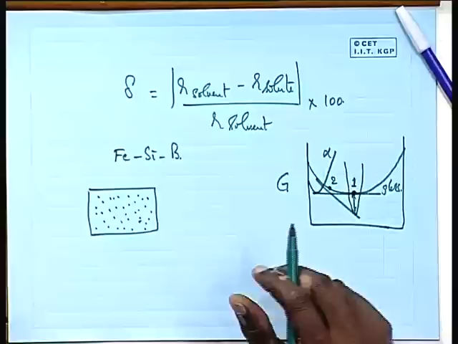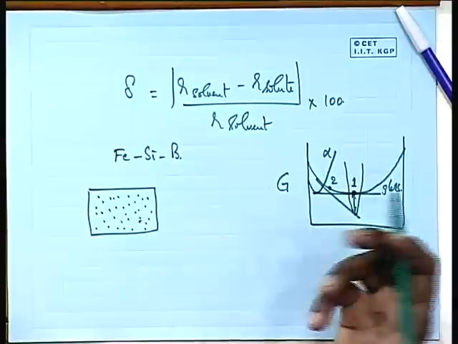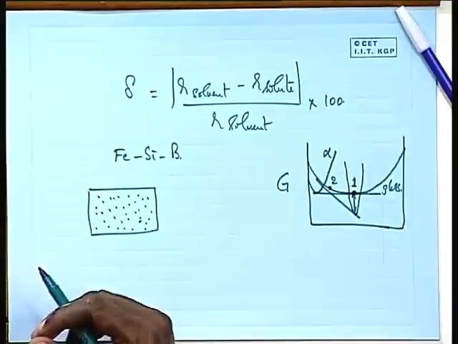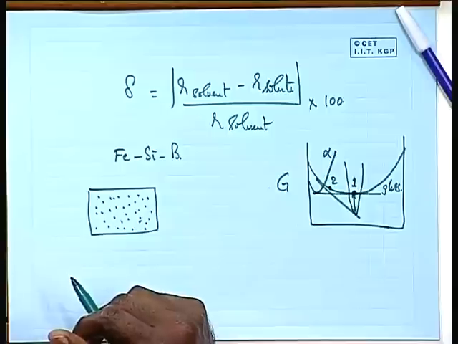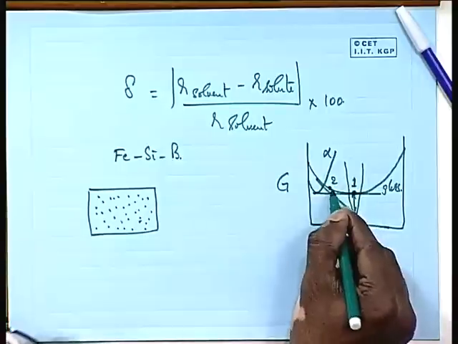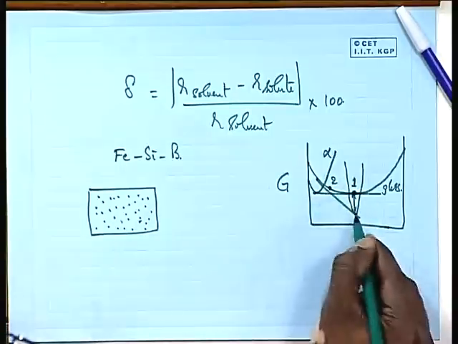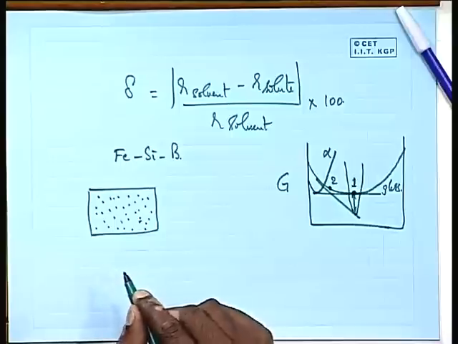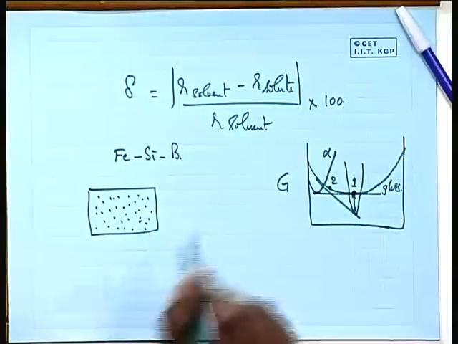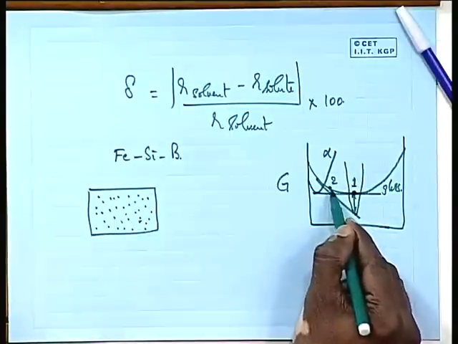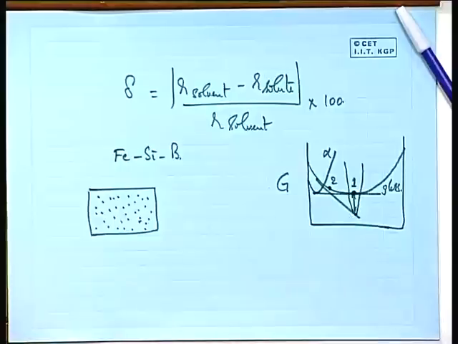Let us say by chance it is there, but its activation barrier for formation is high. Then, even though there is a driving force for the glass to transform to an intermetallic, the glass composition is not the same as that of the intermetallic. If the composition of the glass is not the same as the intermetallic composition, what will happen?